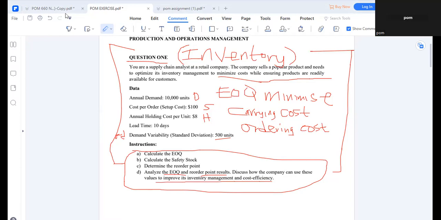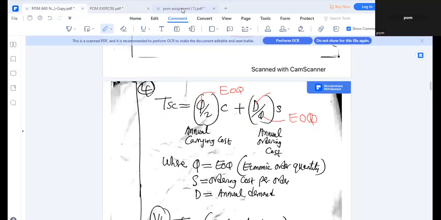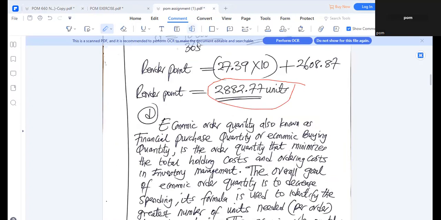So here, what we are simply saying is that our economic order quantity, also known as economic purchase quantity or economic buying quantity, is the order quantity that minimizes the total holding cost and ordering cost. That's the objective of the economic order quantity, to minimize the holding cost, which is the carrying cost, and the ordering cost.